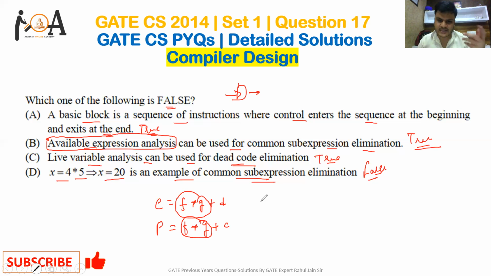So what we will do is take some other constant like Z and replace F into G with it. Whenever we need F into G, we will just use the value of Z. This is called common sub-expression elimination. But this is not that; this is the evaluation of a value. So option D is false and the remaining A, B, C are true.